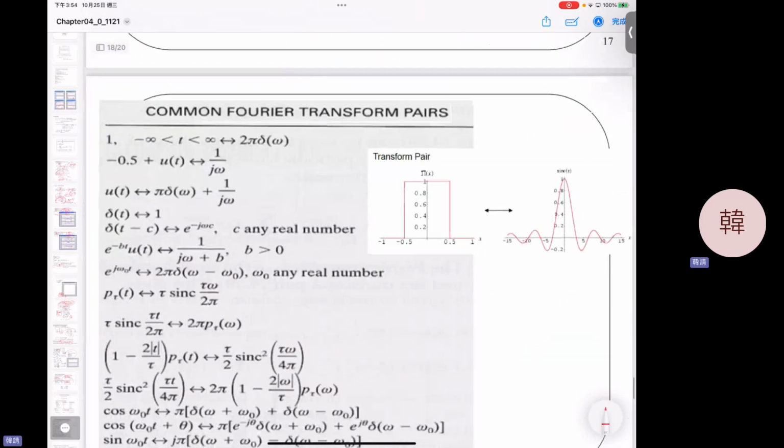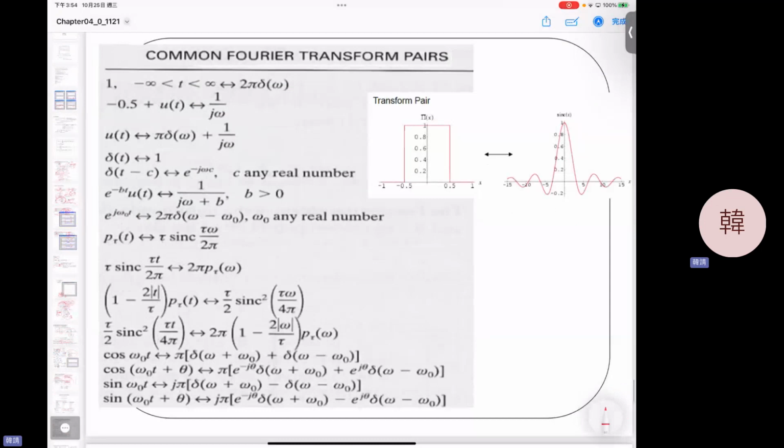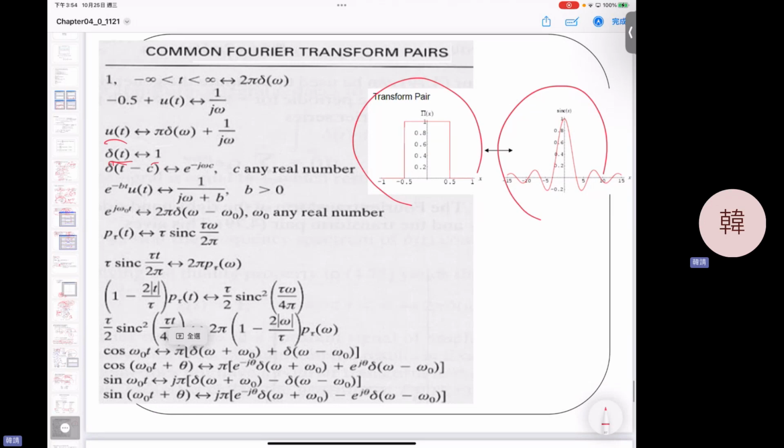And here I give you some basic transform pairs. For example, as we demonstrated, a rectangle function has a Fourier transform that becomes a sinc function. How about others? Like the delta function, its transform becomes a constant. And if you have an exponential signal in your time domain, it becomes like this one.